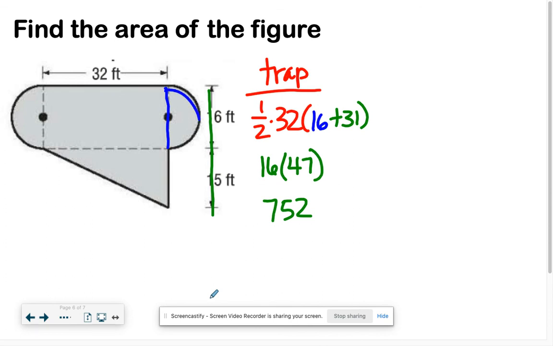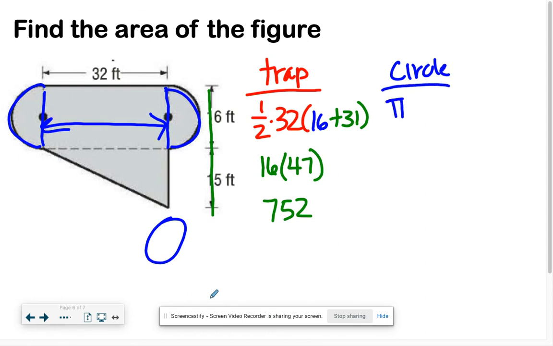Okay, now let me erase this so we can see it a bit better. We have half a circle here, half a circle here. If we smush them together, we get a whole circle. So let's find the area of a circle. Pi, what's our radius? What's half of 16? That'd be 8 squared. 64 pi is approximately 201.06.